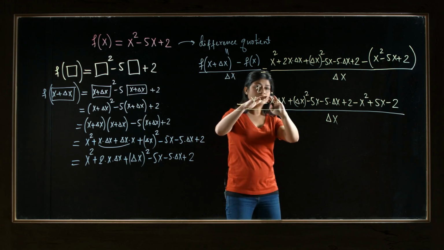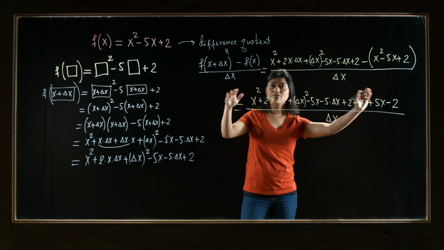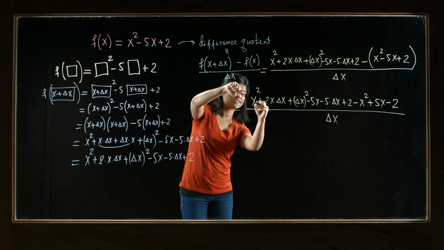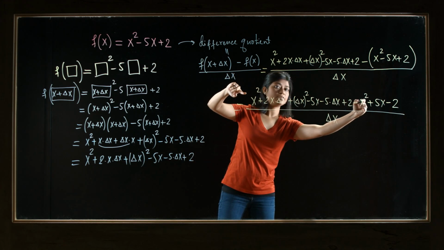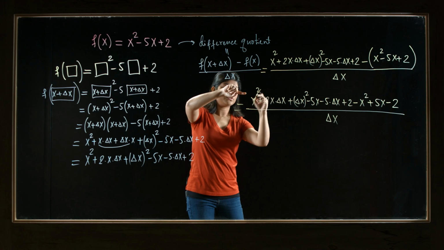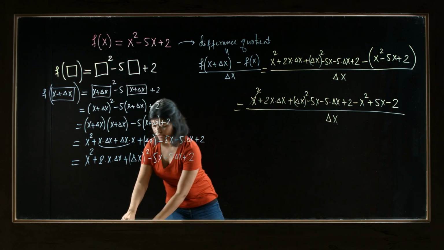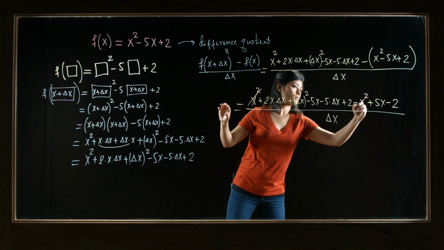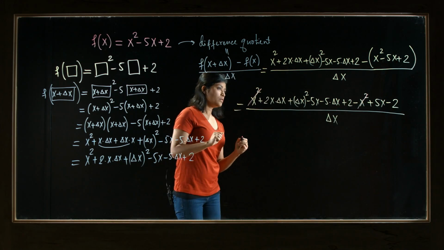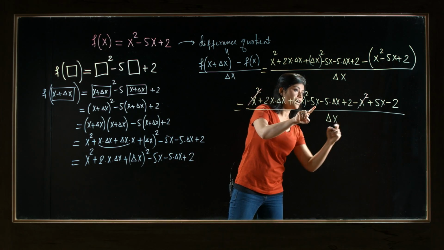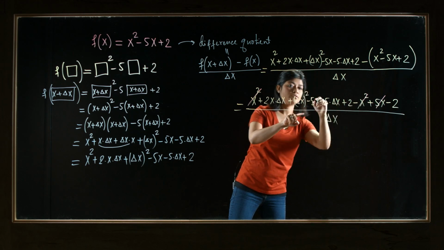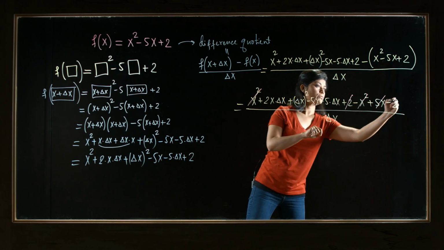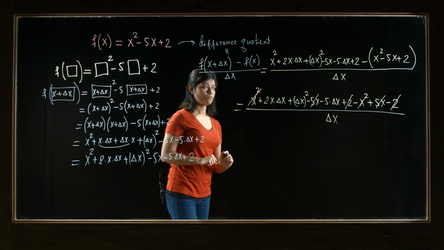Now we have to look at the numerator and see if we can cancel out anything, if there are any terms that are common. And we see that here's an x squared, and here you have a negative x squared. So these two will cancel. Notice that the negative 5x and positive 5x will also cancel, and the negative 2 and the positive 2 will cancel.